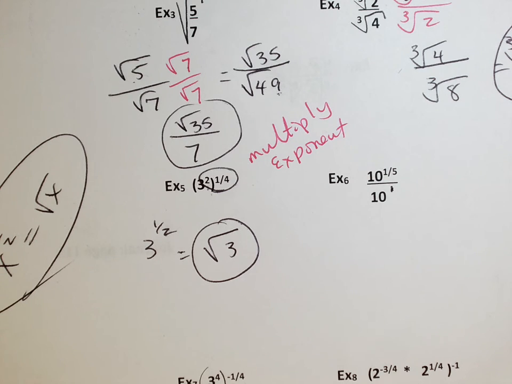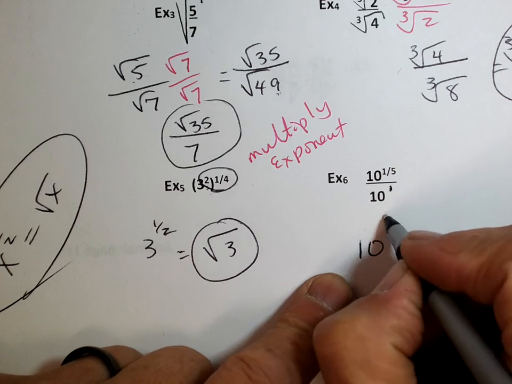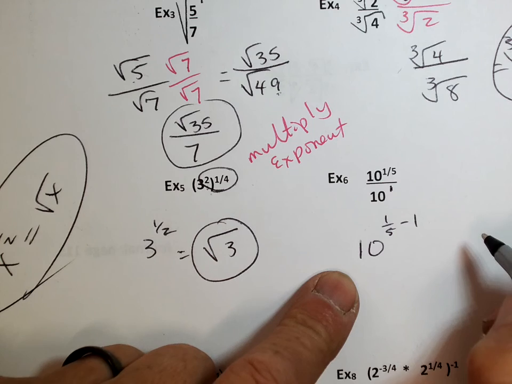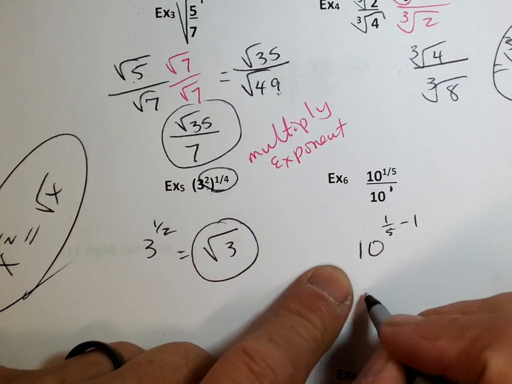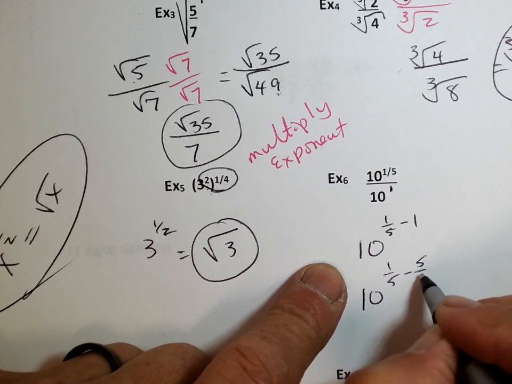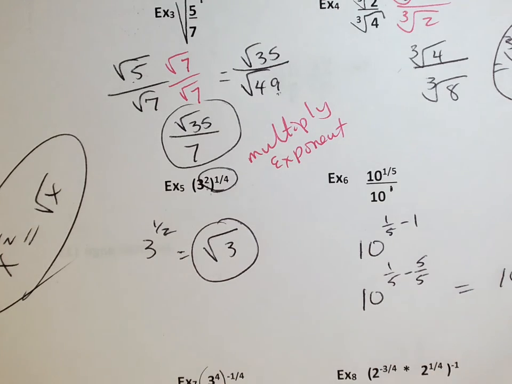Yeah, so now what is 1/5 minus 1? Or negative 4/5. Yeah. So if we subtract the exponents, we're going to have 10 to the 1/5 minus 1, or 10 to the 1/5 minus 5/5, or 10 to the negative 4/5.